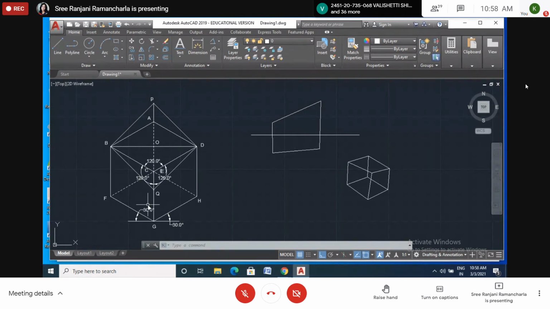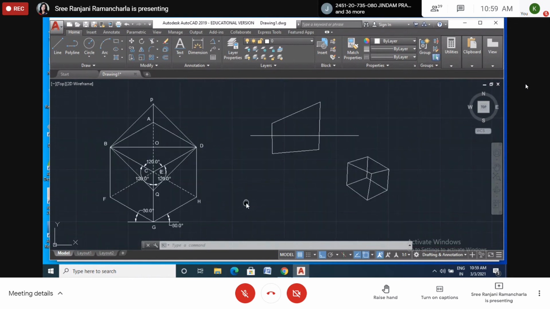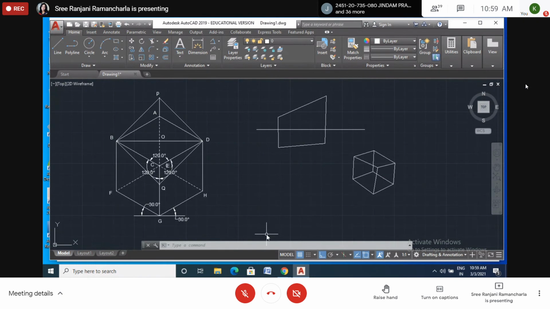Next side heading, isometric planes. The planes representing the faces of the cube, as well as other planes parallel to these planes, are called isometric planes.